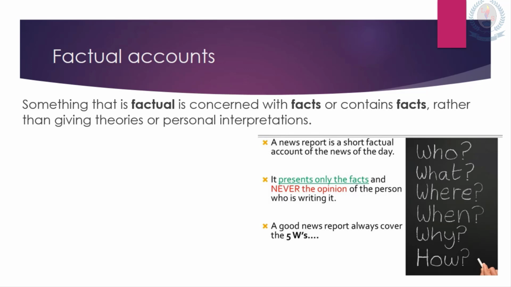A good news report always covers the 5 W's: who, what, where, when, why, and additionally how. To all these questions, you have facts. So based on those facts, you are writing a report. These types of writing are called factual accounts.